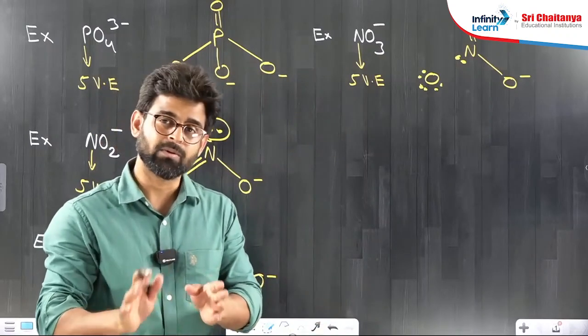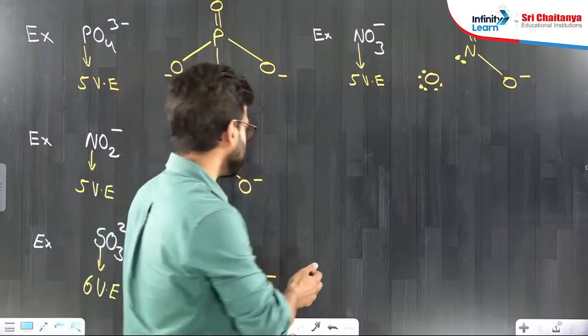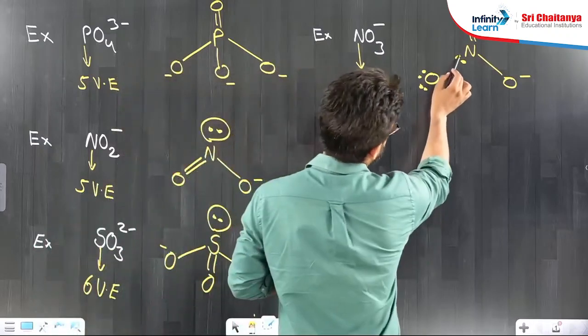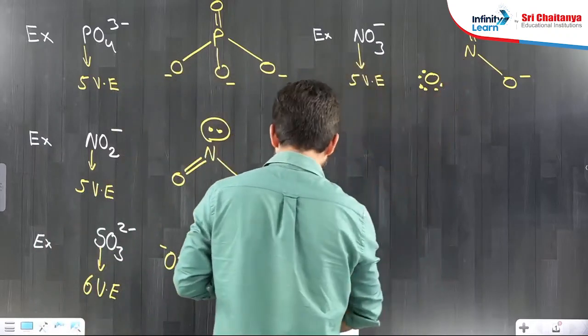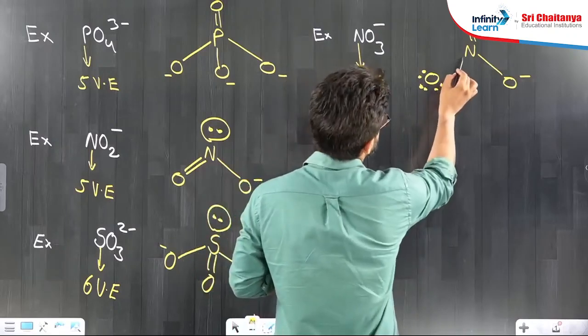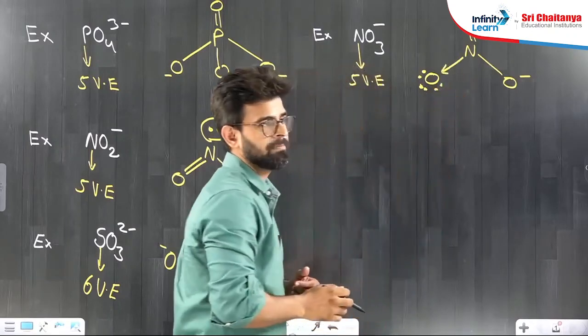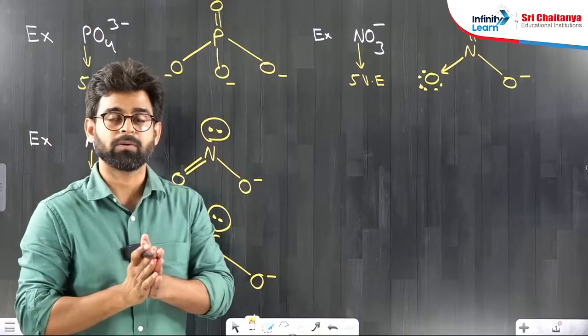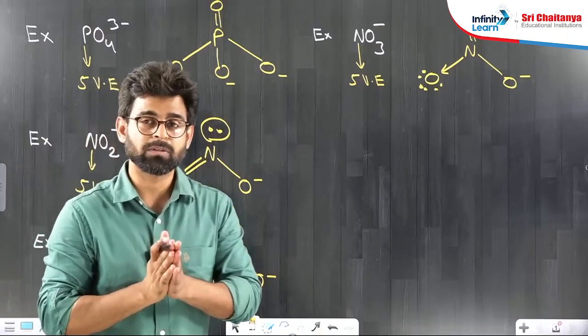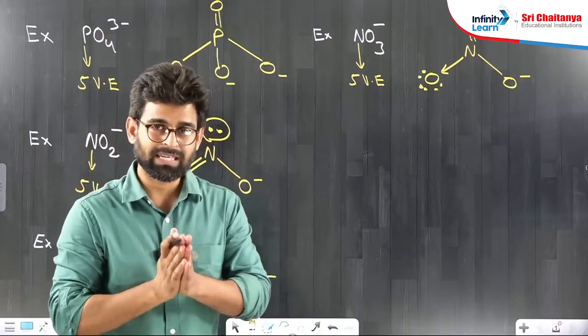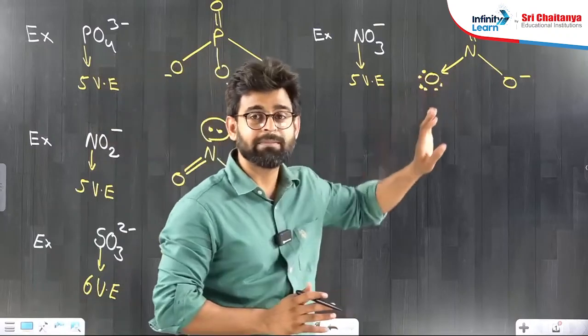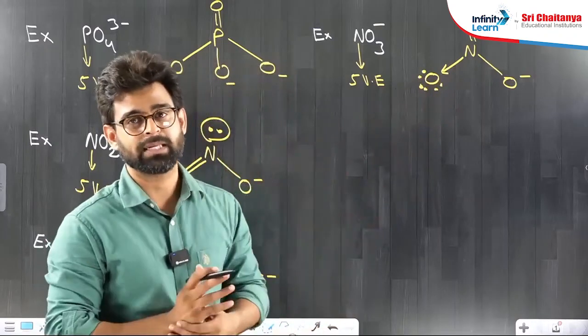It will not make a double bond. It can't make double bond here. It will make a coordinate bond. That's why nitrogen will put both of these electrons here and will make a coordinate bond. So you have to be careful about it. Nitrogen cannot make more than 4 bonds. Whenever this situation comes, remove that double bond and make a coordinate bond here.